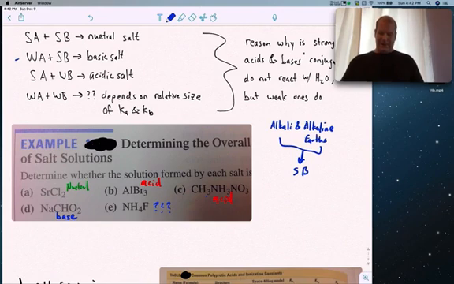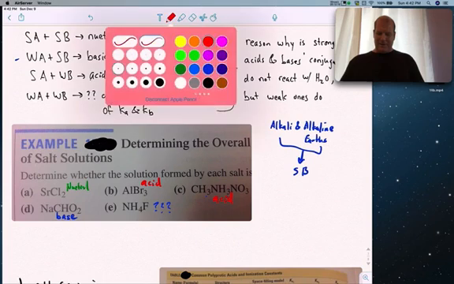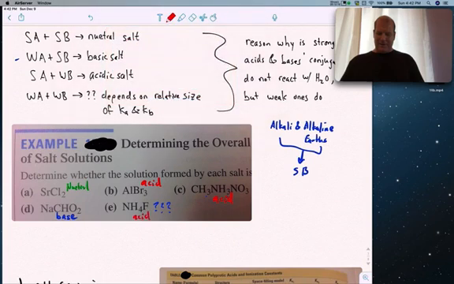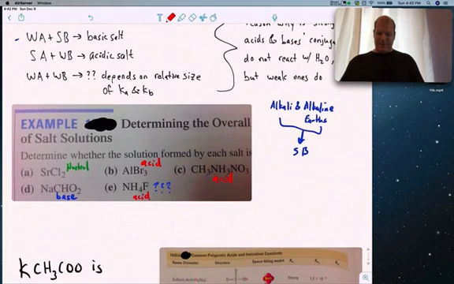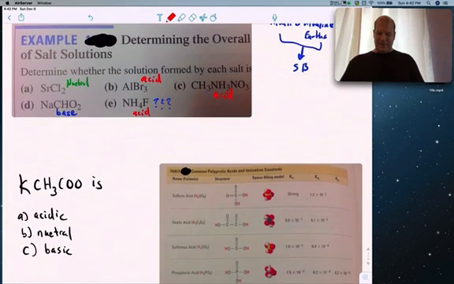You can't just look at this and know it. It turns out that HF is a stronger acid than NH4 is, so this one happens to be acidic. But you have to look at the relative size of Ka and Kb. Ka for HF is bigger than Kb for NH3, but you'd have to look that up.